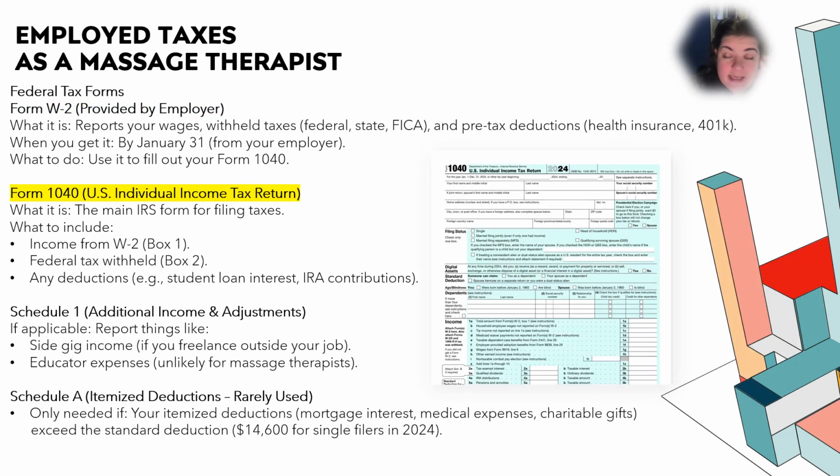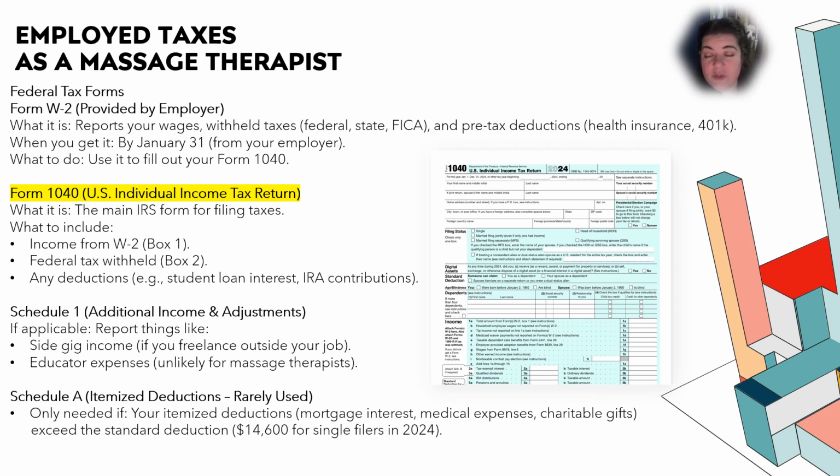All right. As an employed massage therapist, your 1040, your individual income tax return, is ridiculously easy. You're going to fill in the income from your W-2. You're going to fill in the federal tax that was withheld, and you're going to do your deductions.